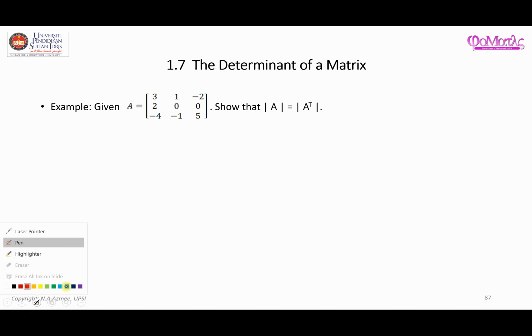We can start off by finding the determinant of A. To find it, we can consider the second row expansion because it has the most zeros on it.